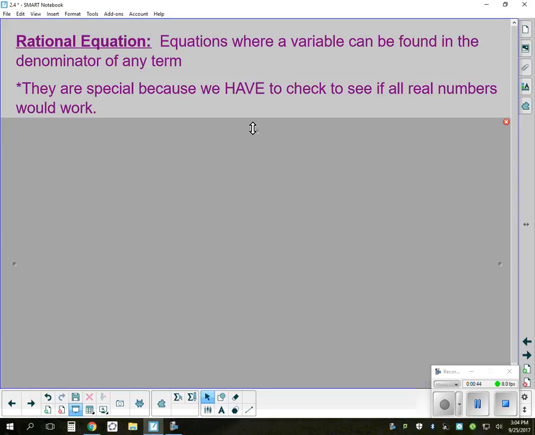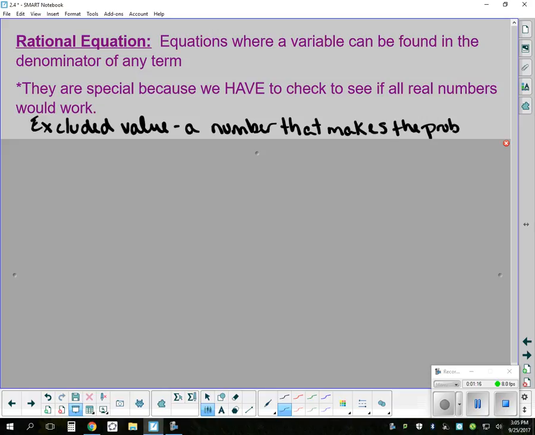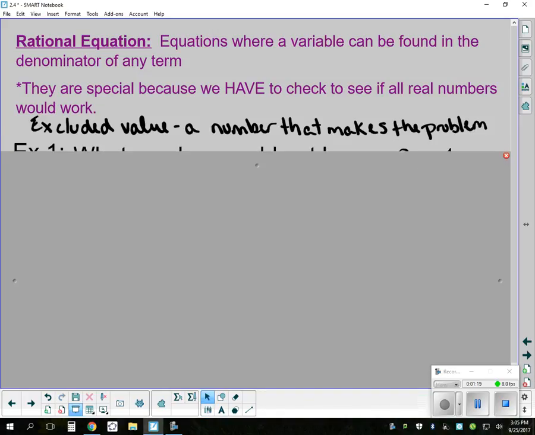They're special because we have to check to see if all real numbers would work. We have to check for something called excluded values. An excluded value is a number that makes the problem not work.